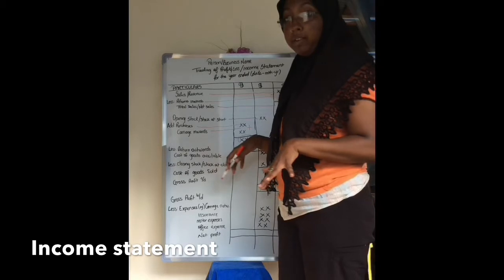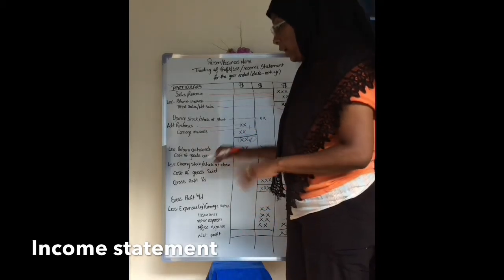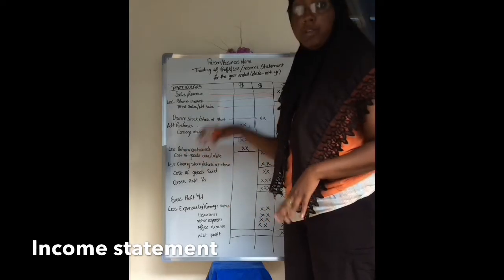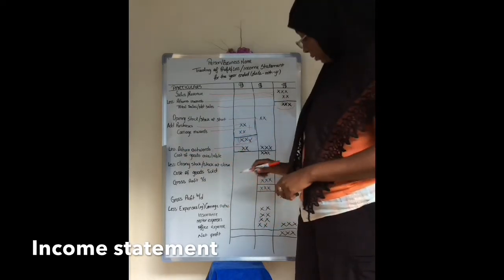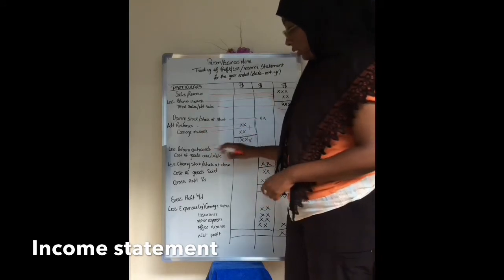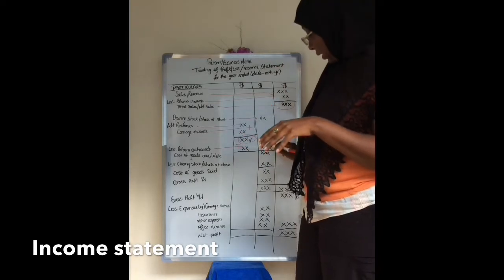This figure does not have a name, so you just leave that figure there, and that figure is then minus the return outwards. When this figure minus your return outwards, you get this figure here.